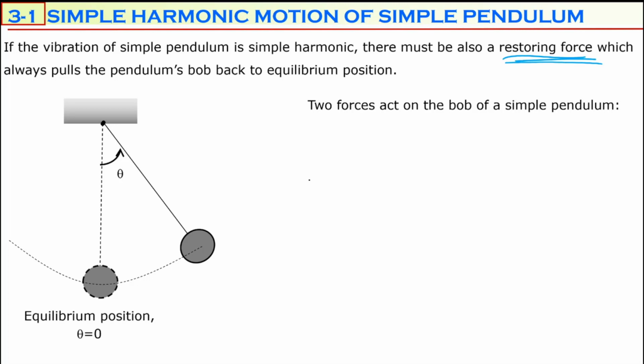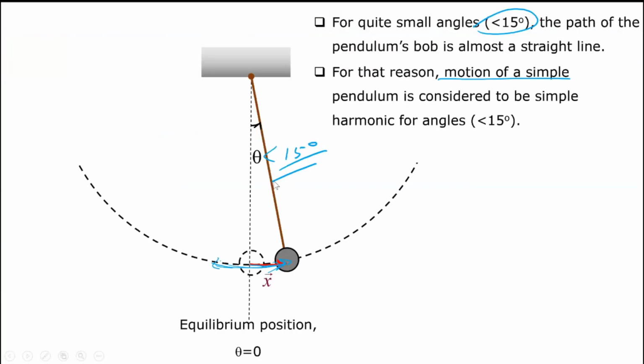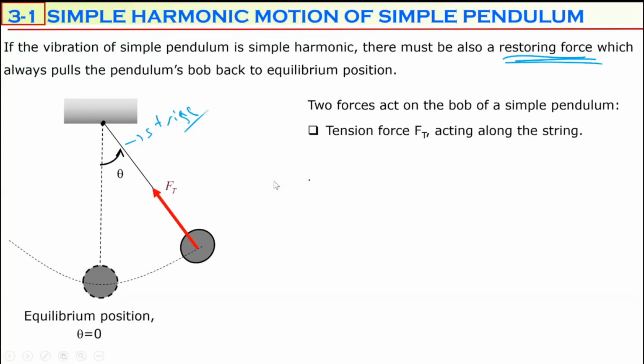And we know that restoring force must always pull the object back to the equilibrium position. There are two forces acting on the pendulum's bob. One of them is from the string. There's a string, and of course this string must exert some force, tension force. Remember, we said that. And this tension force always acts along the string on the pendulum's bob. Second force is gravitational force.